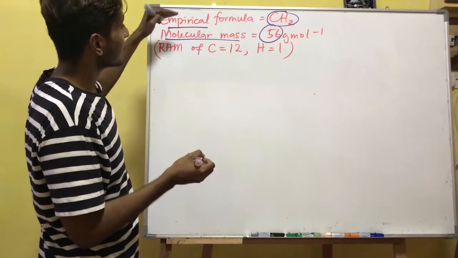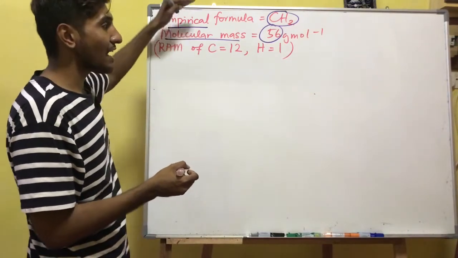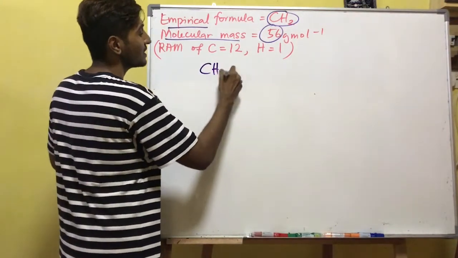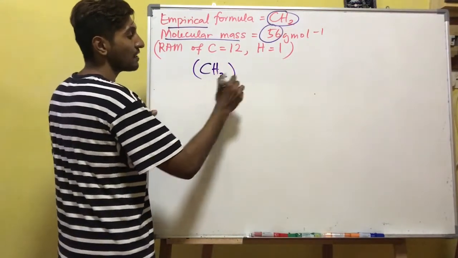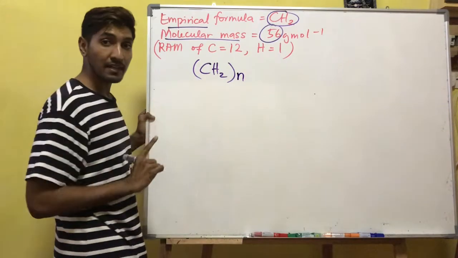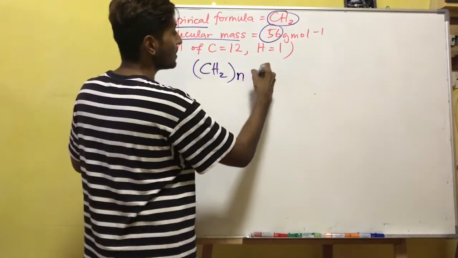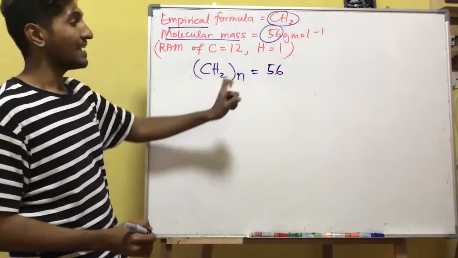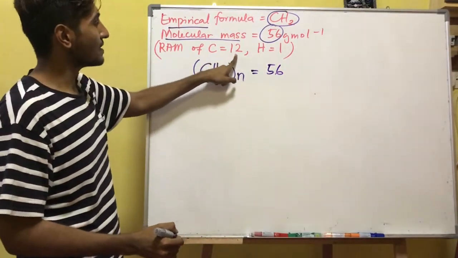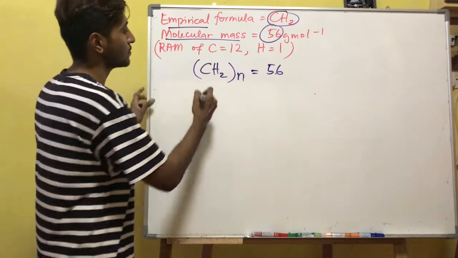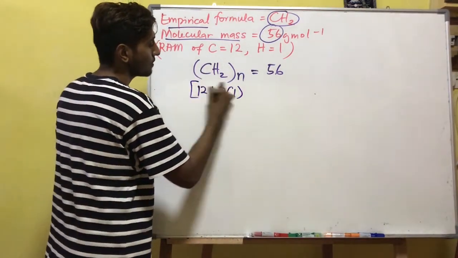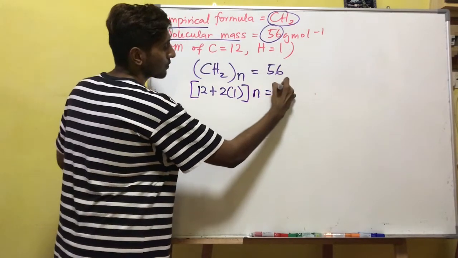So after we already have these 3, like I said, the first step is you have this empirical formula and you multiply it by n. You equal it to the molecular mass, which is 56. Second, what is the mass of atom carbon? It is 12 plus 2 times 1. Right?